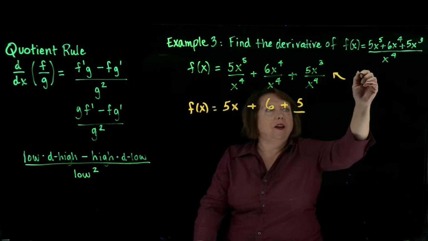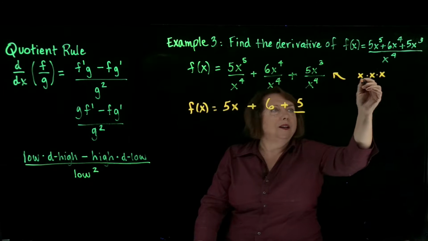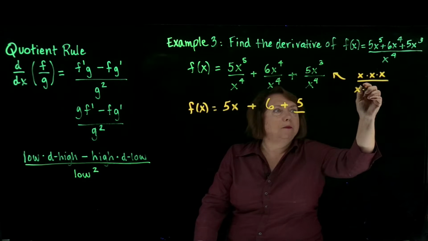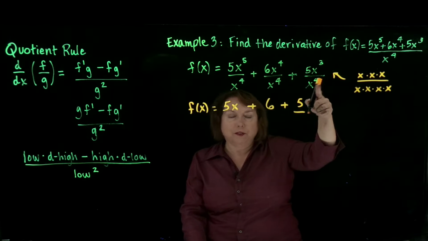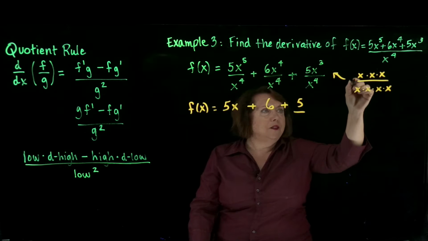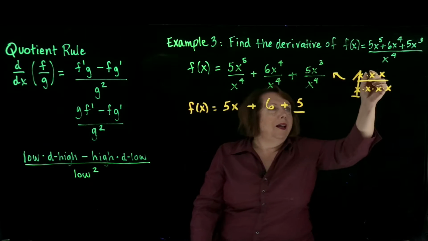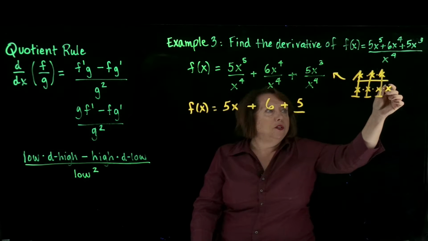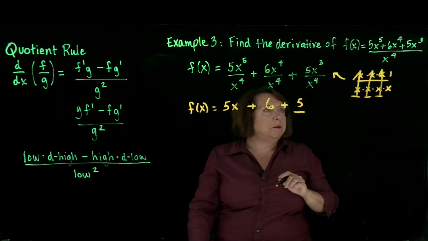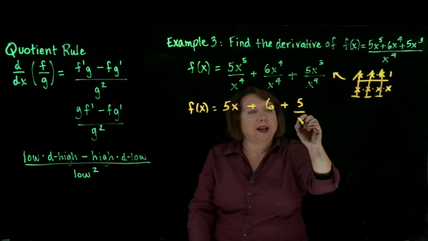It's like I have x times x times x, divided by x times x times x times x. So every x divided by x is equal to 1. And notice what's left: a 1 above the division bar times 5, which would be 5, divided by x.